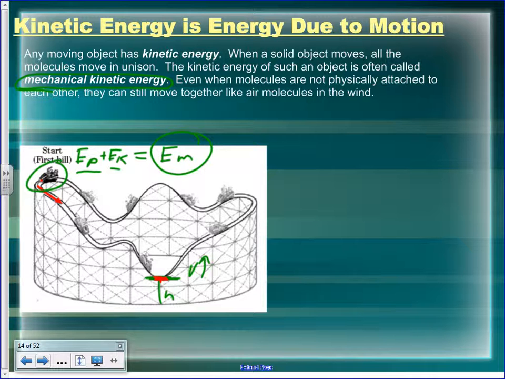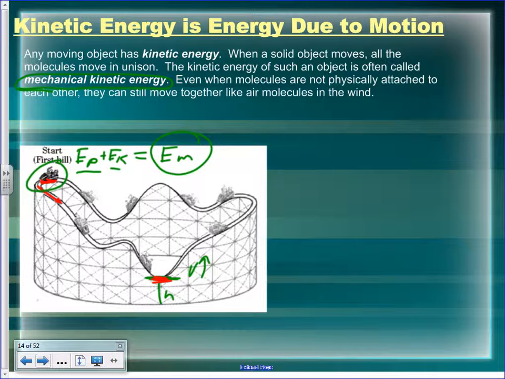Now, if I'm talking about my total amount of energy, both potential and kinetic, is my total amount of energy here different than it is here in the perfect physical world? The answer is no. Remember, energy can't be created and it can't be destroyed. So in the perfect physical world, you have the same amount of total mechanical energy at the top of the roller coaster as you do at the bottom.